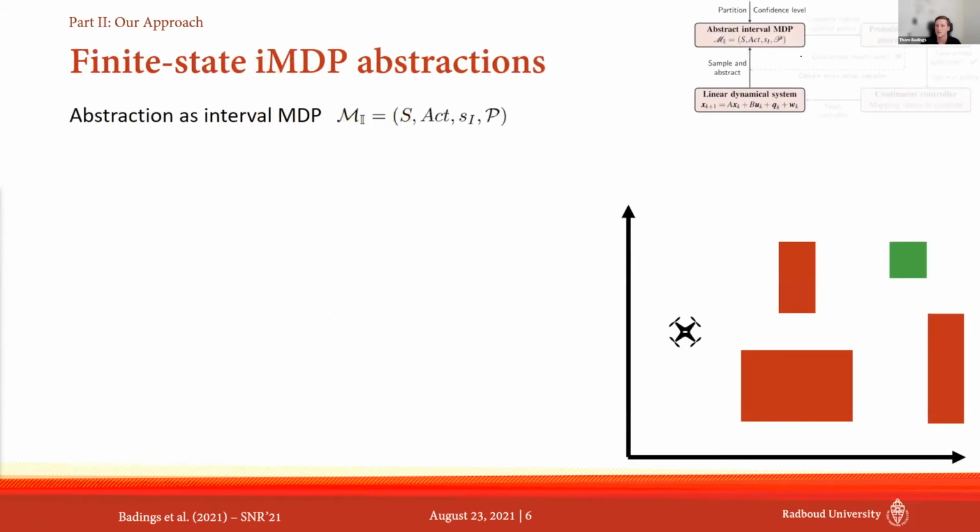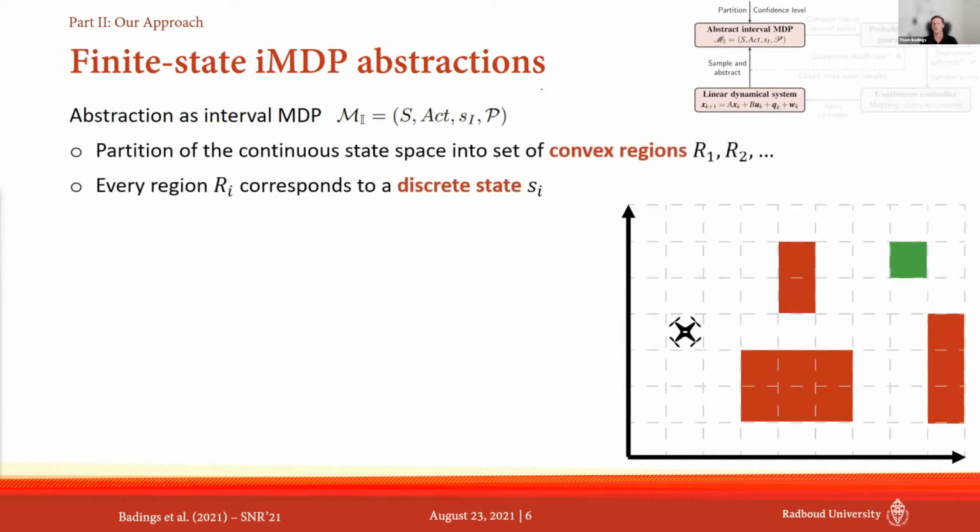All right, so let's now briefly look into how we actually derive this finite state abstraction itself. As shown here in this figure, we start with a continuous state space, and we want to partition this continuous state space into a set of convex regions, convex polytopes, in fact. And every region of this partition then corresponds to a discrete state of this MDP.